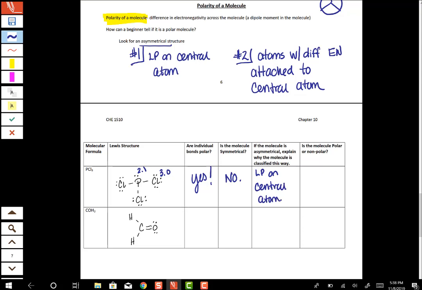It's really hard to see asymmetry in a molecule when you're not holding it. So in class we'll build some models of these and really try to recognize some asymmetry and discuss in more detail what it means to be asymmetrical. So if a molecule is asymmetrical, then it is polar.